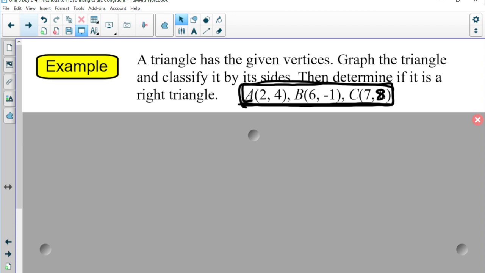And I would like for you to try these. So work out your distances, work out the distance from A to B, distance from B to C, distance from A to C, and keep track of whether you have any matches. I'll pause here for about 2 to 3 minutes.